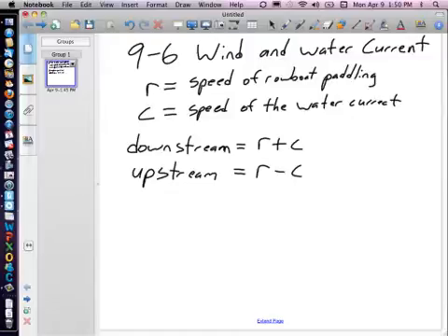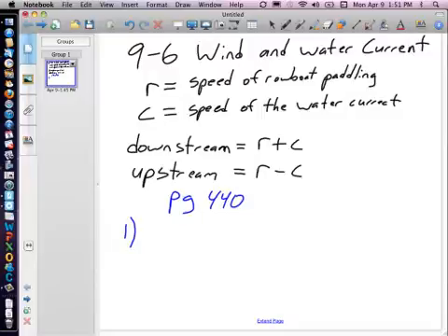Look at page 440. We'll start out just with the rate situation. In problem number 1, the rate of the rowboat going downstream is 15 kilometers an hour. This problem specifically talks about rate only, so we're not dealing with distance or time or anything else.